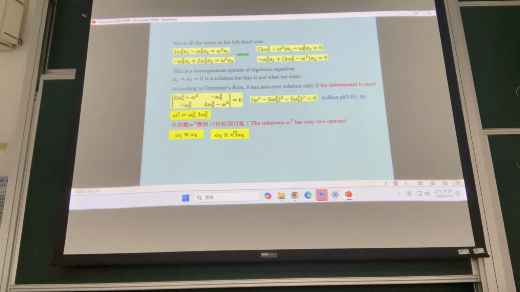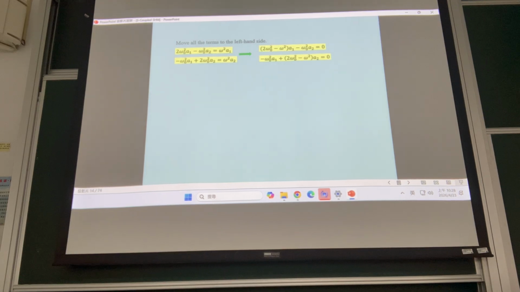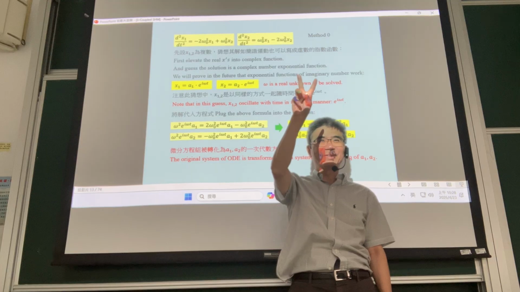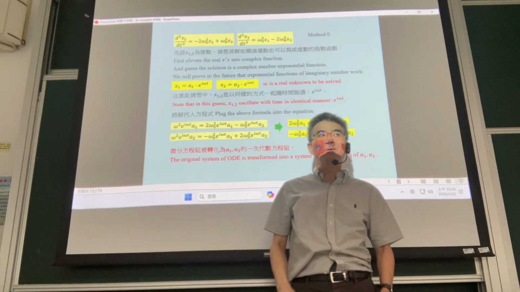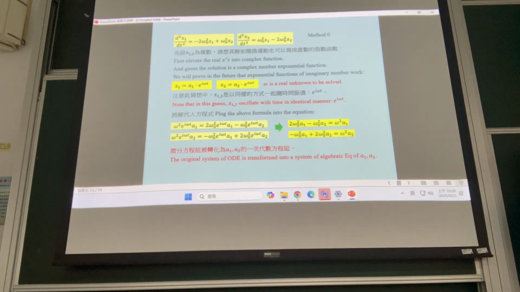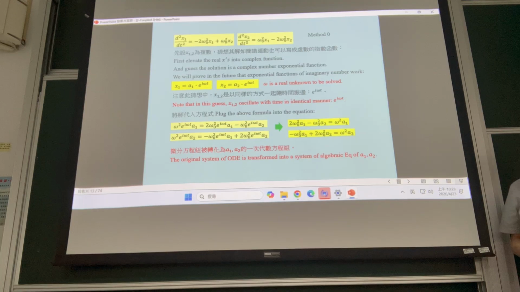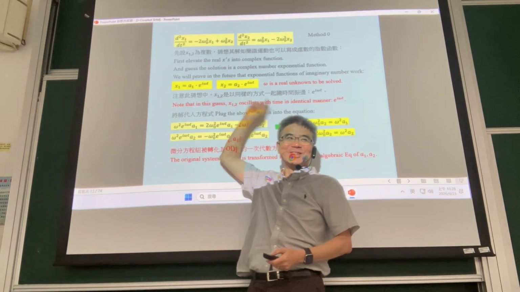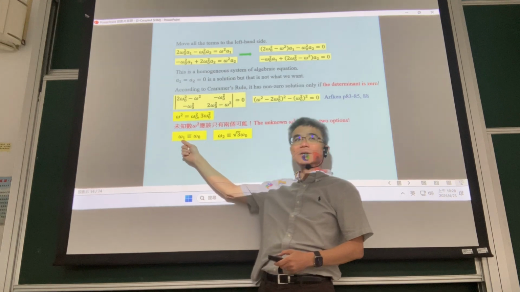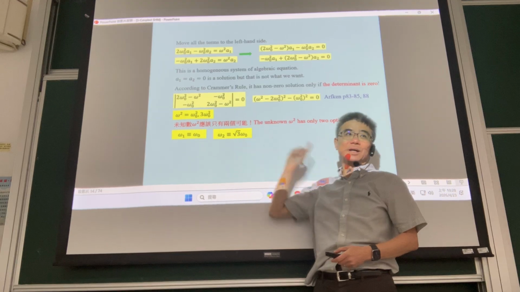So you got two solutions for omega. So that means I will have two solutions for x1, x2. That's good. Remember, in the original ODE, we got two solutions, cosine omega t and sine omega t. Here, I also have two solutions for omega, equal to omega 0 or equal to square root of 3 omega 0.